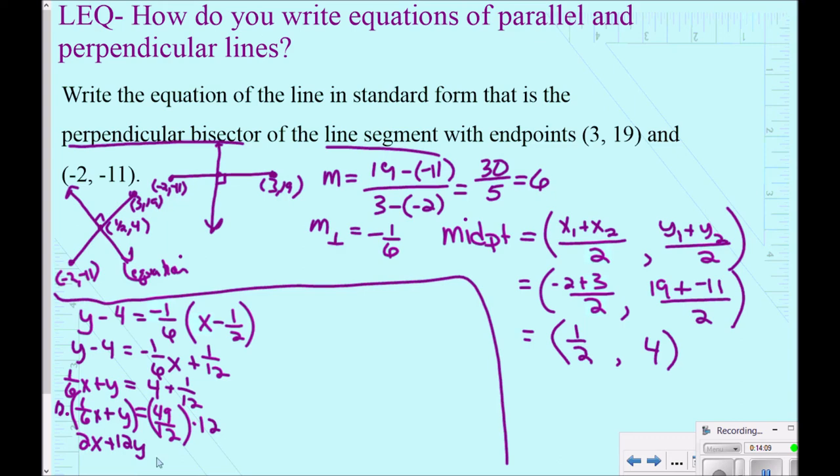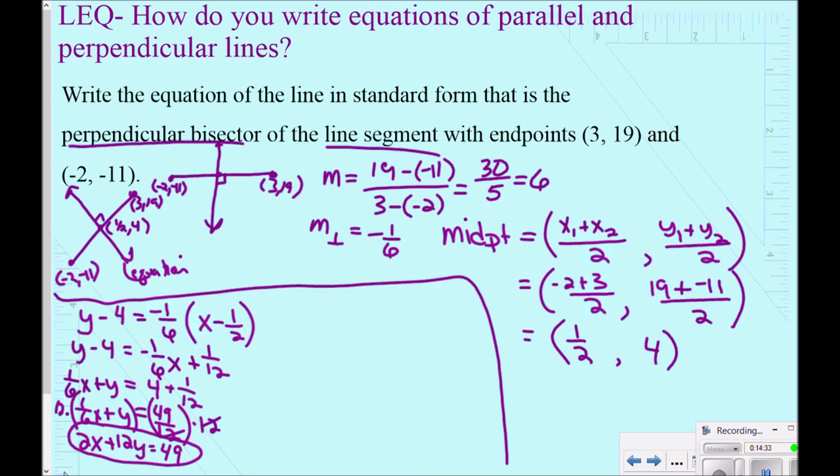And the 12s cancel out here, so I'm just left with 49. So 2x plus 12y is equal to 49. And that's the equation for the perpendicular bisector of the line segment.